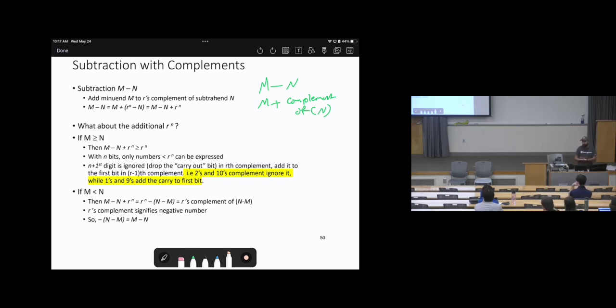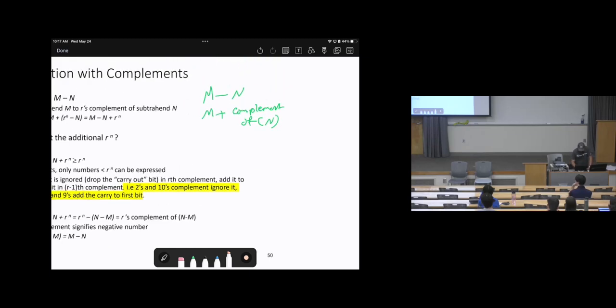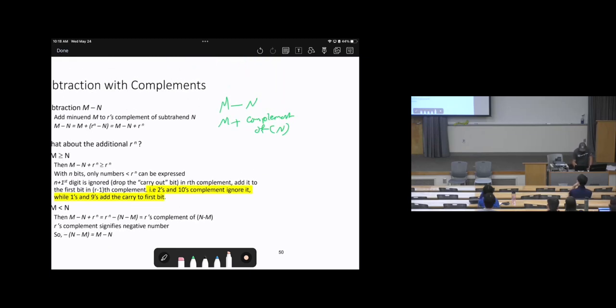Now, what's the complement of number n? It depends on which code I'm using. And of course, what's the representation? Am I using decimal or binary? It also depends on the representation. So in summary, when you have m minus n, we have two scenarios. Let me write it here.